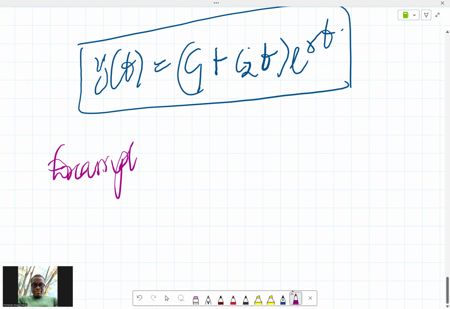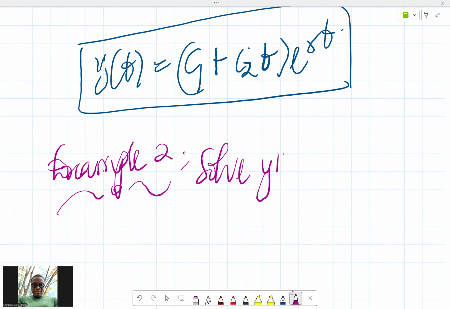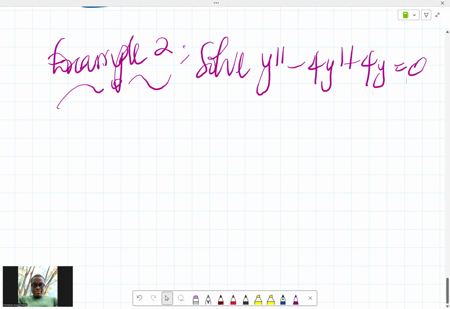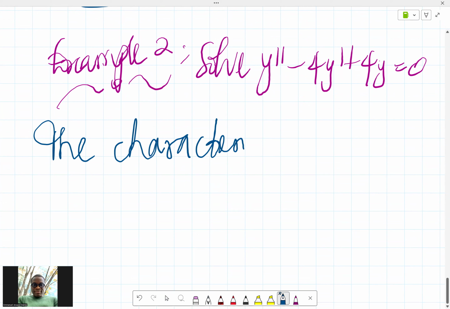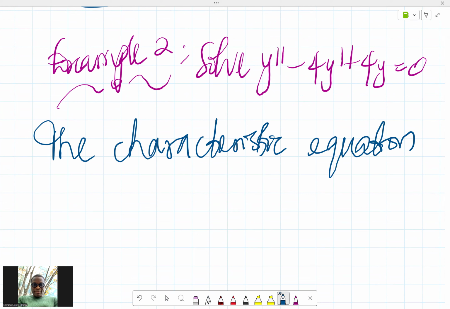Example 2. We need to solve y prime prime minus 4y prime plus 4y equals 0. Okay? So we know that the characteristic equation is r squared minus 4r plus 4 equals 0.